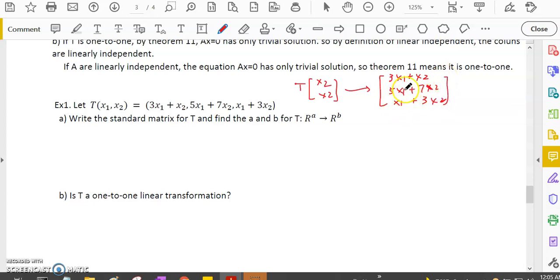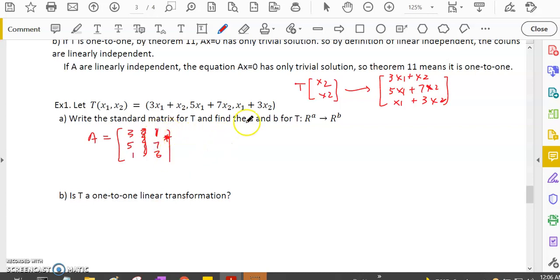You can see that you can factor the x1 out, so the standard matrix will be the coefficients of x1 as column 1, which is 3, 5, 1, and the second column is the coefficients of x2, which is 1, 7, 3. That is what you did in chapter 1.8 or so.